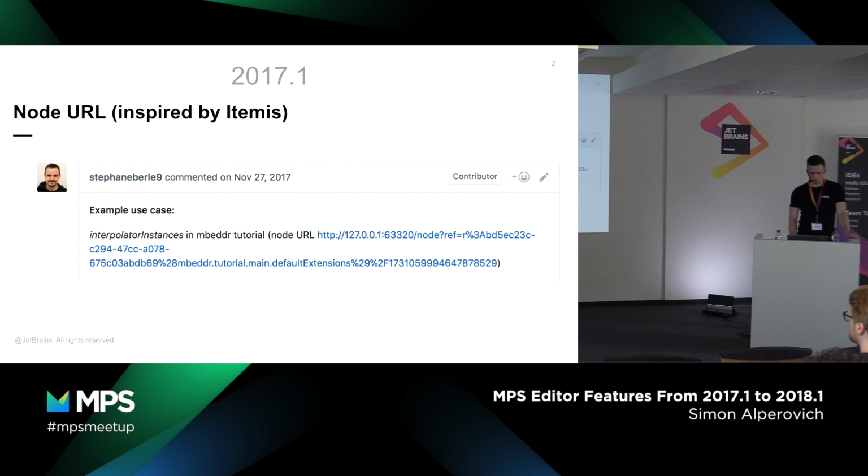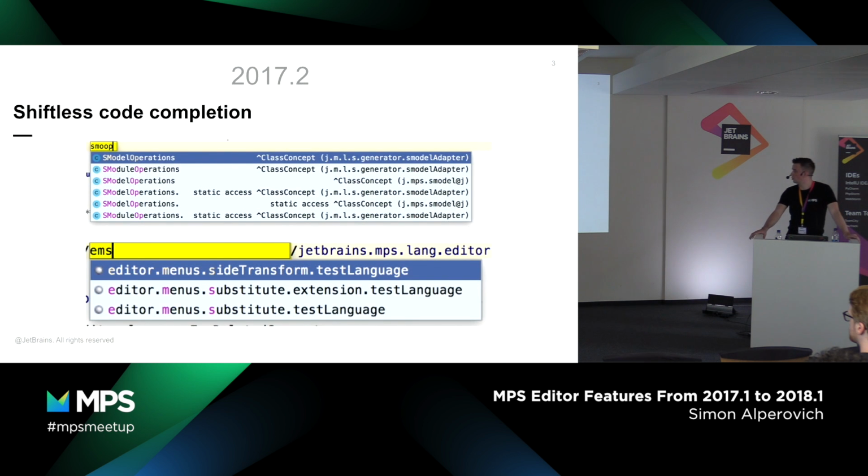The next feature is the shiftless code completion, which was added in 2017.2. As you can see in the screenshot, when you type in the completion, you no longer need to type the uppercase letters. Here I have many classifiers, but I typed only lowercase and I still get the correct results.